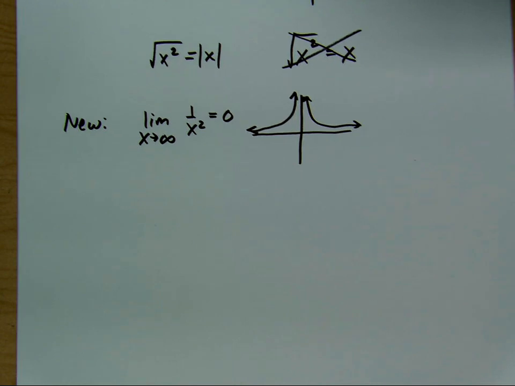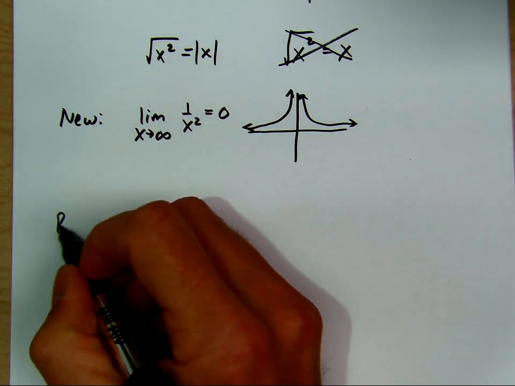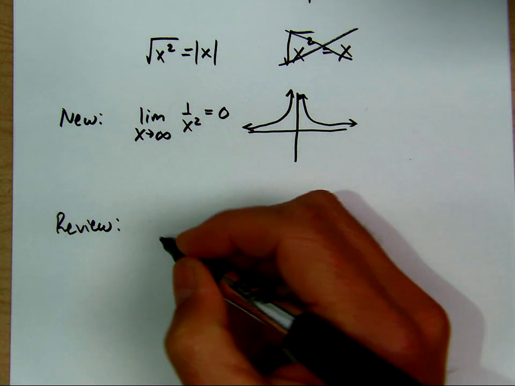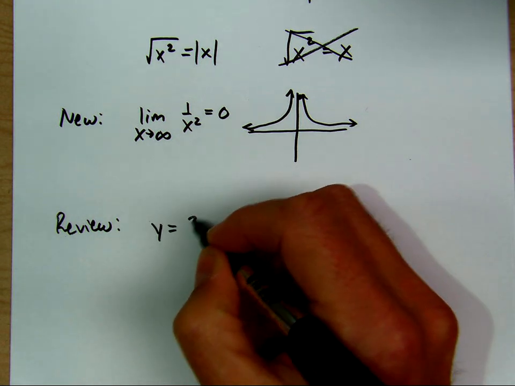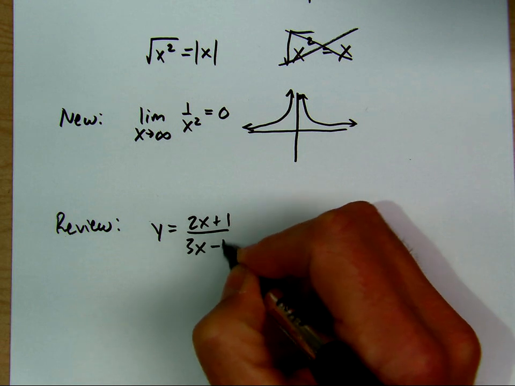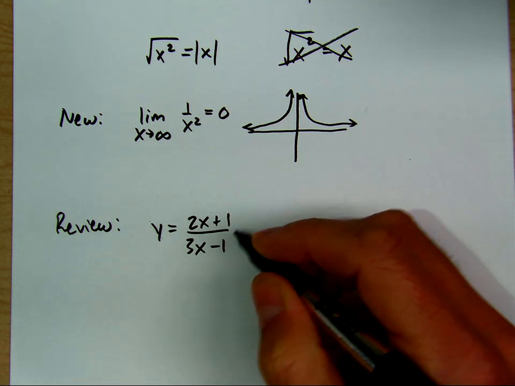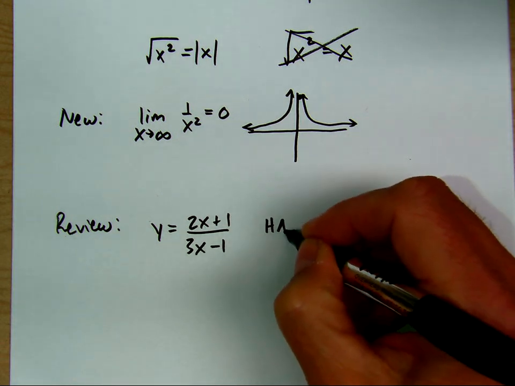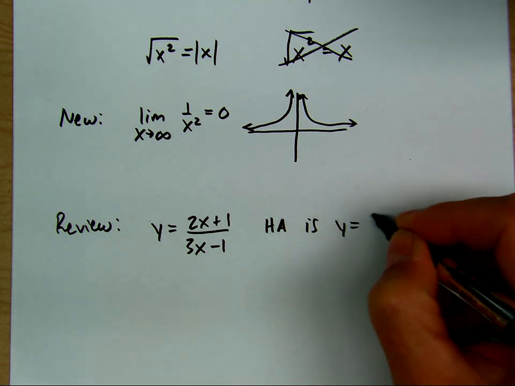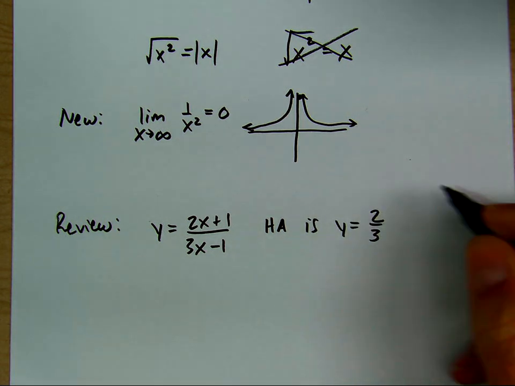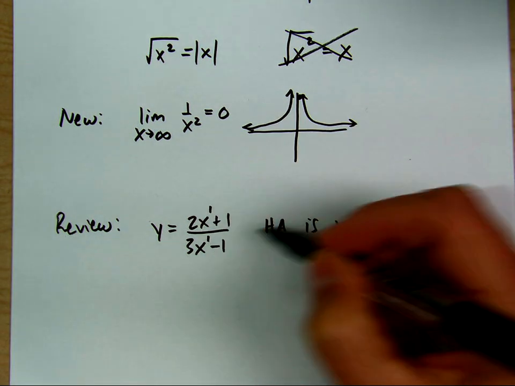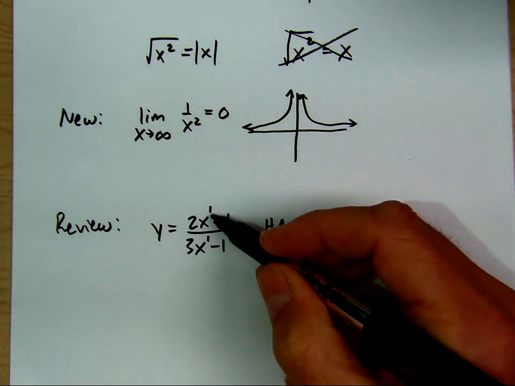Okay, another connection to make is in pre-calculus we looked at the horizontal asymptote, and we get this by comparing the exponents, or the degree, of the numerator and denominator.